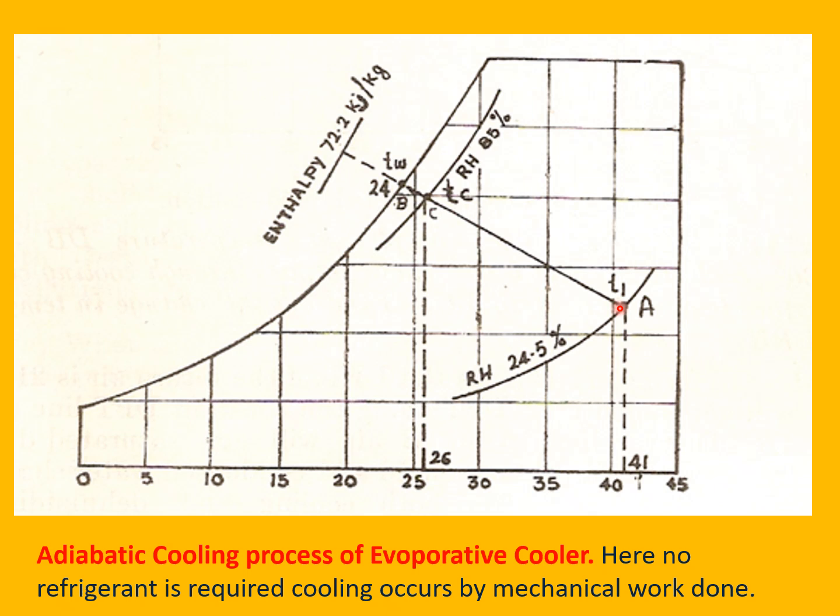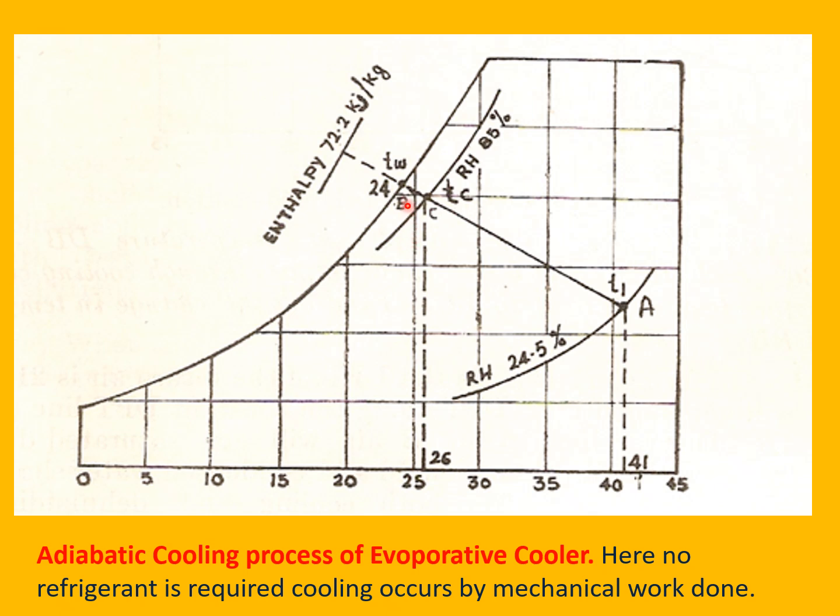So point A represents that condition, and from this adiabatic cooling process of evaporative cooling, this temperature is brought down to something like the point B through constant circulation of water over a wetted pad.